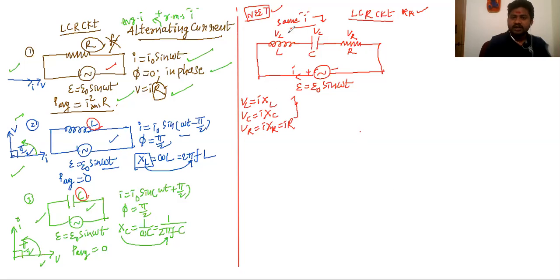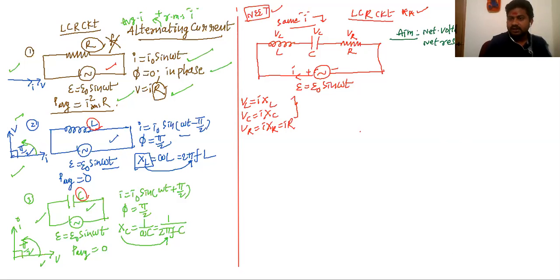So we need to identify the net potential difference, the net EMF, as well as the net current. The aim of the LCR circuit is, number one, to find the net voltage of the circuit and the net resistance of the circuit.